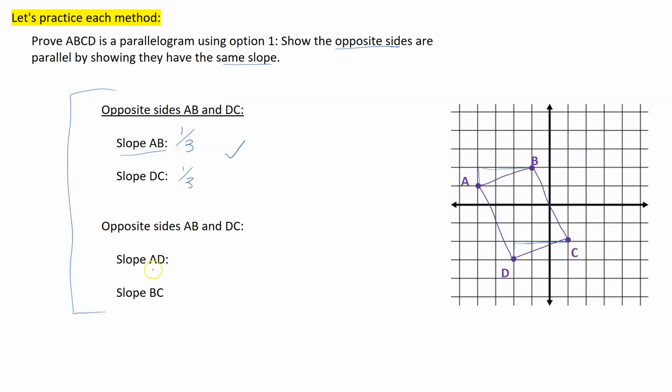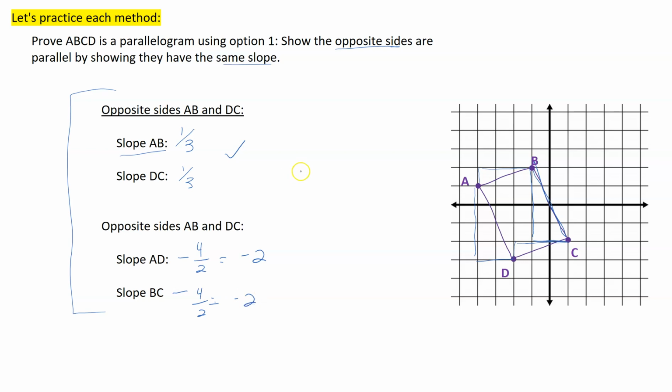And then we're going to do the same thing for AD and BC. Now AD and BC both have a negative slope. The rise and the run, it's down 4 over 2, so negative 4 over 2, which we would simplify to just negative 2. Same thing for BC, down 4 over 2, so negative 4 over 2, which is going to be negative 2.